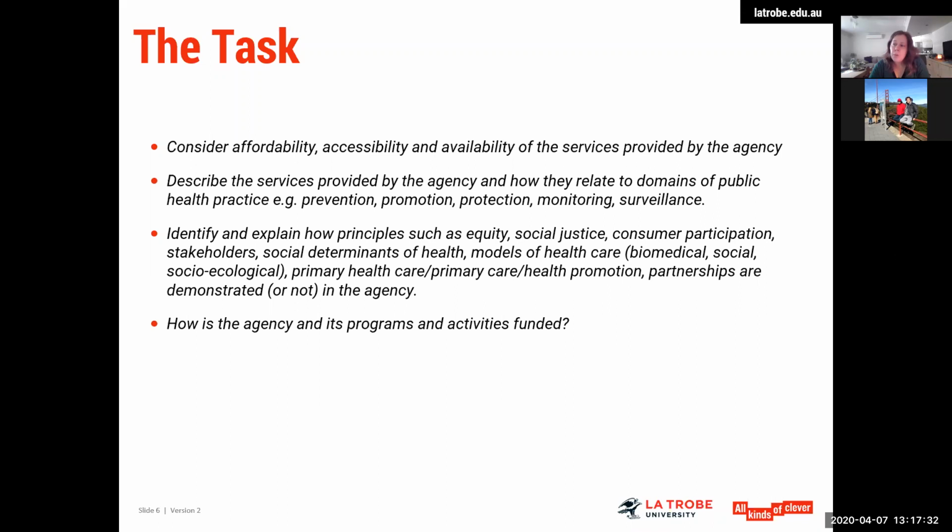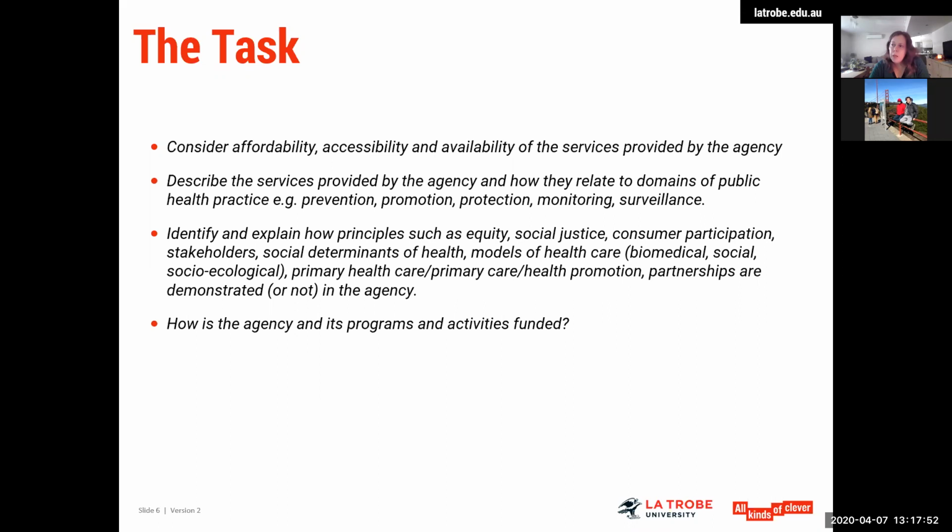So, for example, if they're a private organisation and are charging sort of full fees, that there's no Medicare subsidy or no other sort of subsidy that's being provided, that excludes people from being able to access that particular service. So those are the sorts of things that we want you to think about.